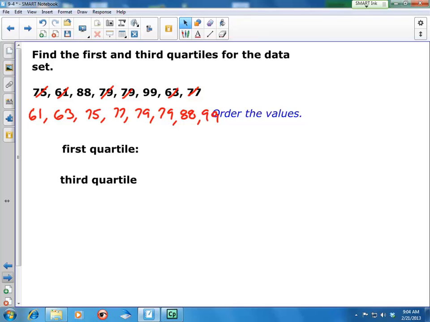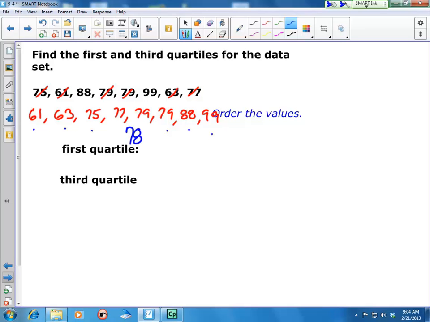Now, let's find our median, which, let me see, if we started to cross these guys off, yeah, there's 2 right here, the 77 and the 79. So what is our median going to be for that? Add them up, divide by 2, but I can tell by looking at them, since one of them is 77 and one of them is 79, the average is going to be 78, yeah. So, our middle number is 78.